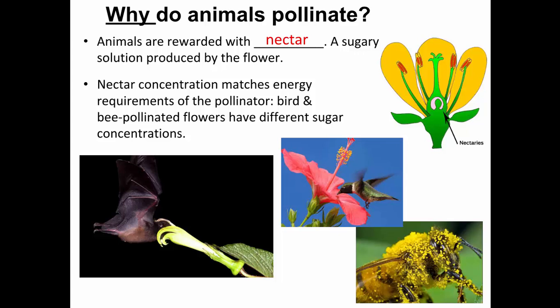Here you see some examples. So if you look at this bee, it's covered in pollen. After visiting a flower, pollen gets on the animal, and then as that animal goes and visits another flower, some of that pollen falls off and is spread from flower to flower through that animal.